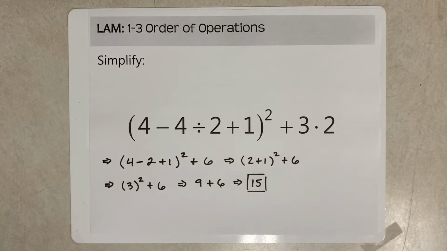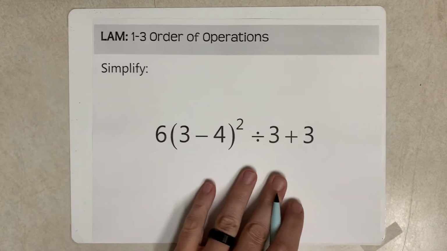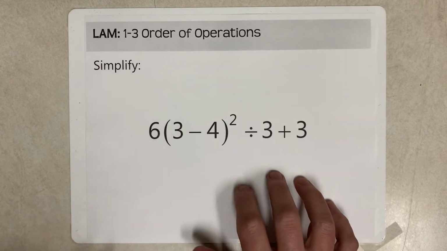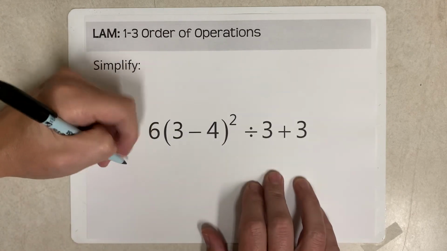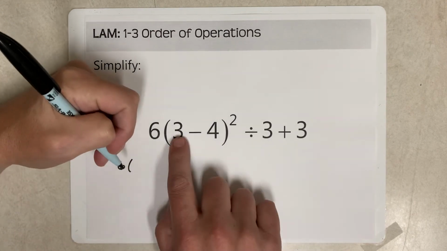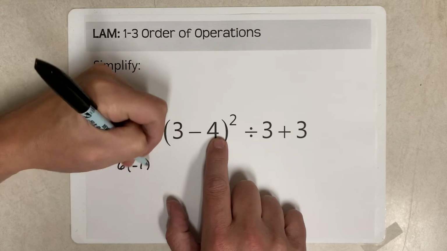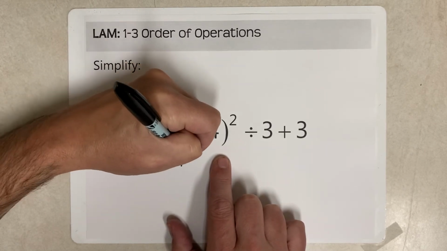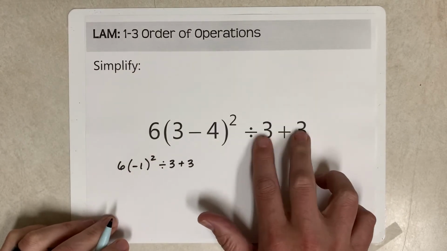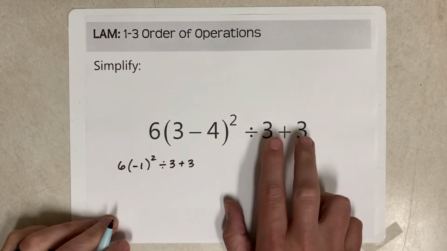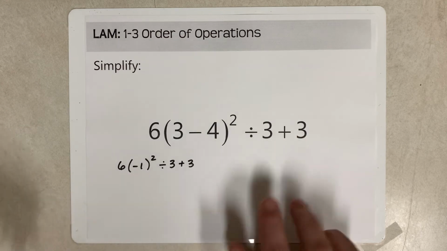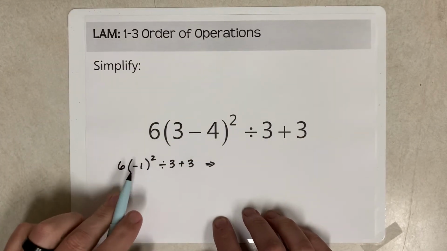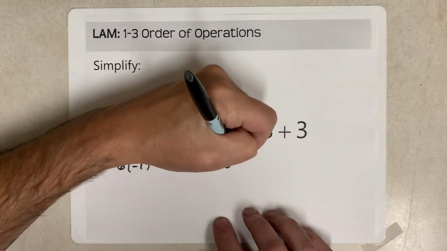Just like that. All right, let's look at this one. Okay, so this time we got parentheses. So 6 times 3 take away 4 is negative 1, squared, divided by 3, plus 3. Really tempting to work with these, but I really can't yet because you're dividing, and you definitely don't want to add these together. Not yet anyway. Okay, so now parentheses and exponents. Negative 1 squared is 1.